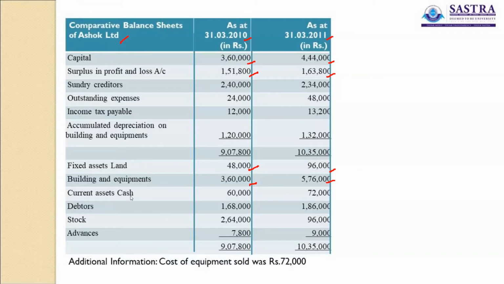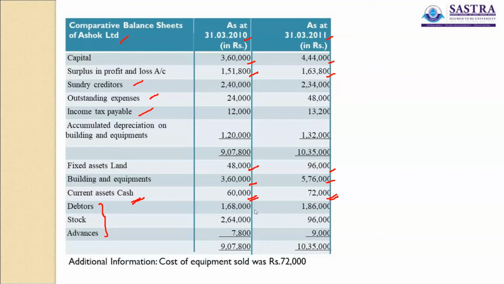And we should also consider the changes in other current assets and current liabilities, and the impact of all these changes, decisions, or transactions on cash is to be evaluated or analyzed.